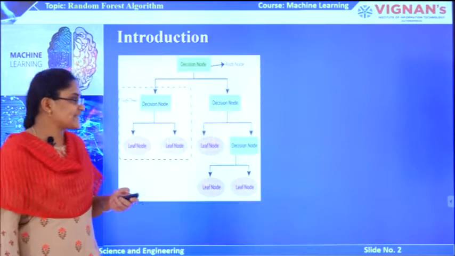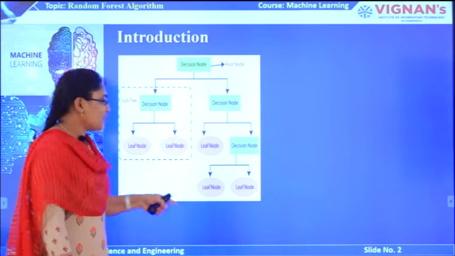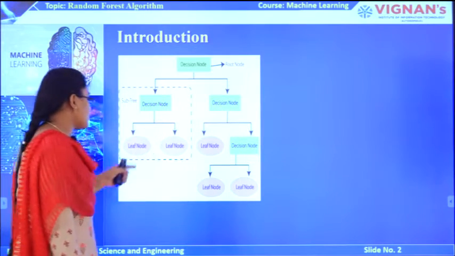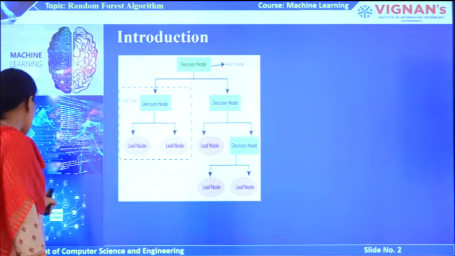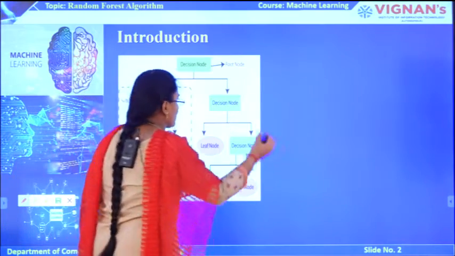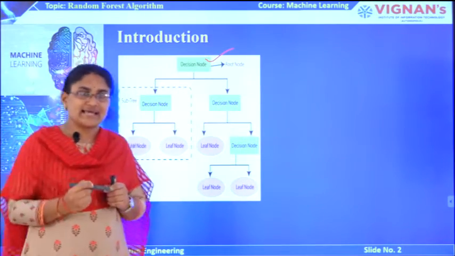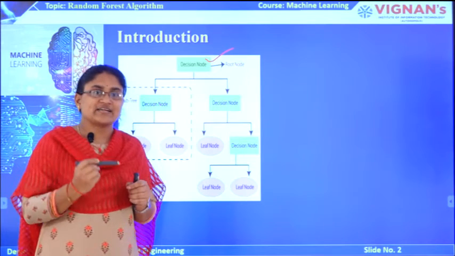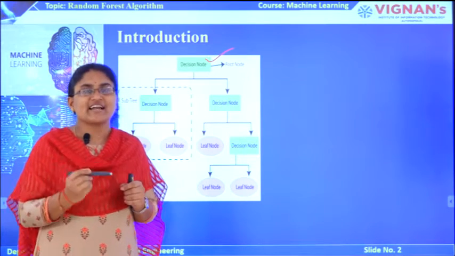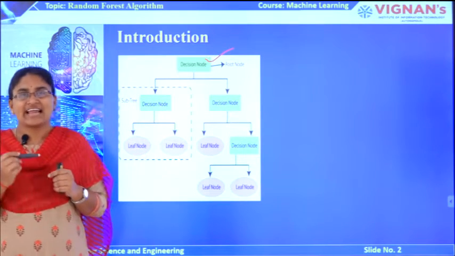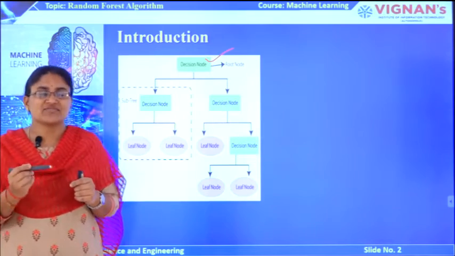The decision tree is a tree-like structure which mainly contains two nodes. One is the decision node and the second one is the leaf node. The decision node contains the features of the data set and is used for making decisions, and it gives more branches for a tree.